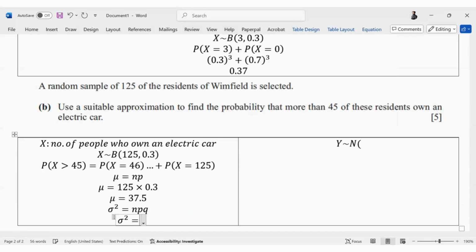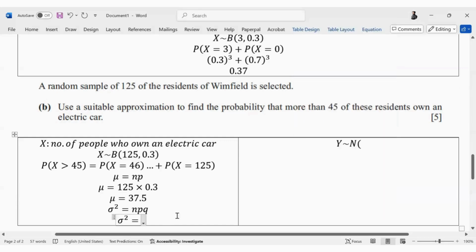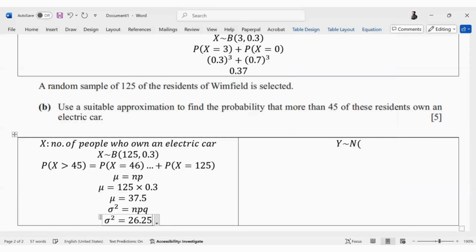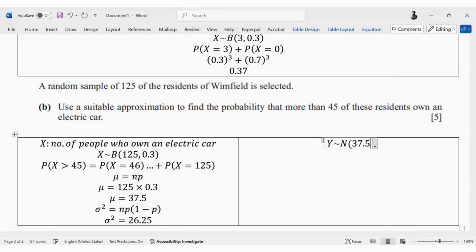So I'll just take the mean and multiply it by the probability of failure, which is 0.7, and I end up getting 26.25. If you're getting confused by NPQ, I'll just write NP into 1 minus P. So now I can say that my variable is normally distributed, 37.5 is the mean, and 26.25 is the variance.